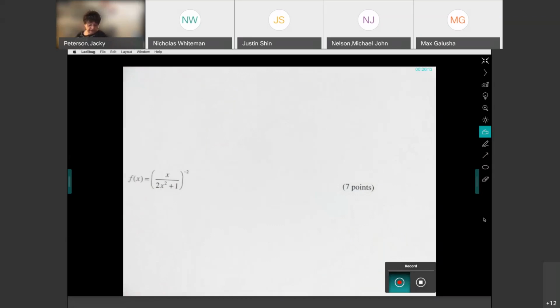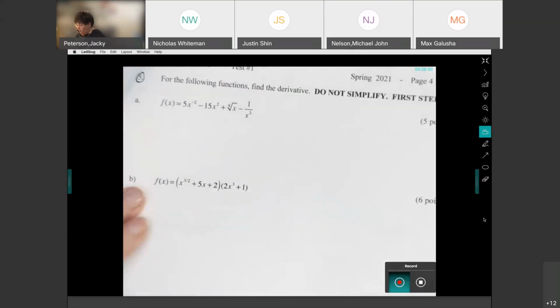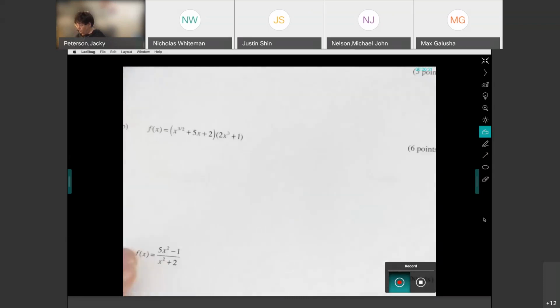It has to include the second derivative. I'm going to choose 5 from all the derivative problems. So you'll have basic, product rule, quotient rule, chain rule, product chain, chain quotient, and of course then the second derivative.